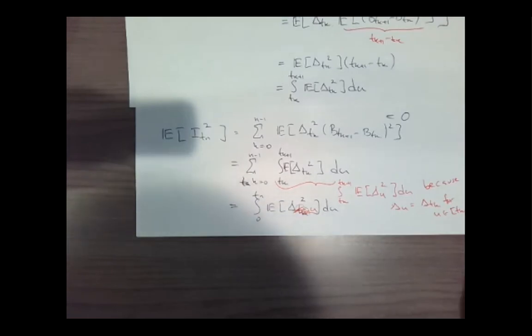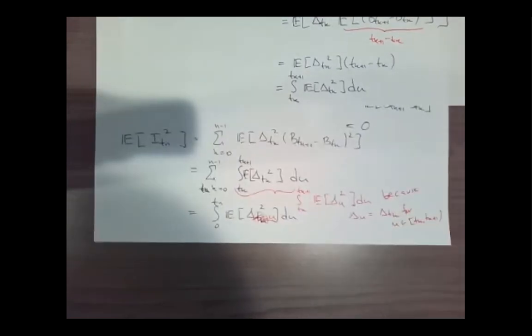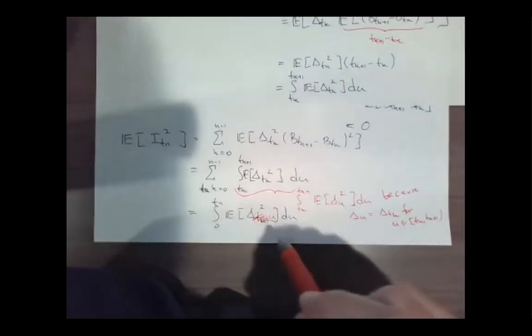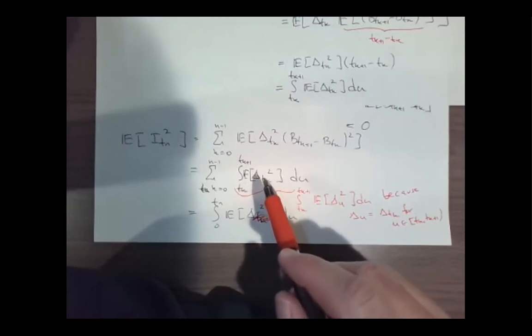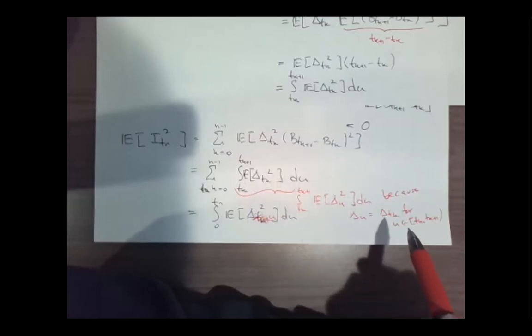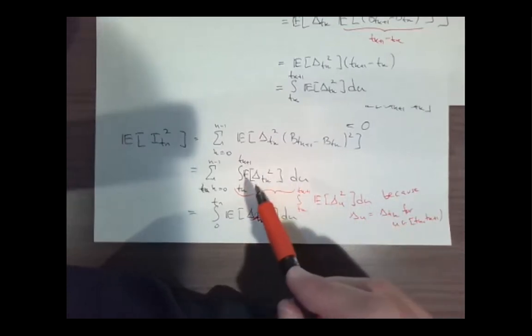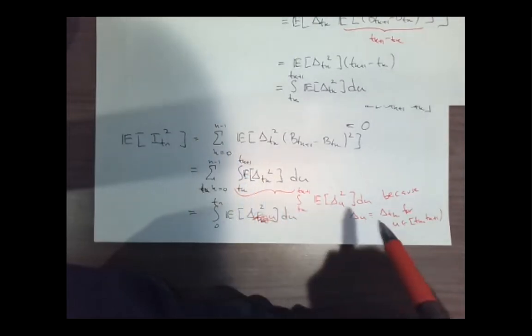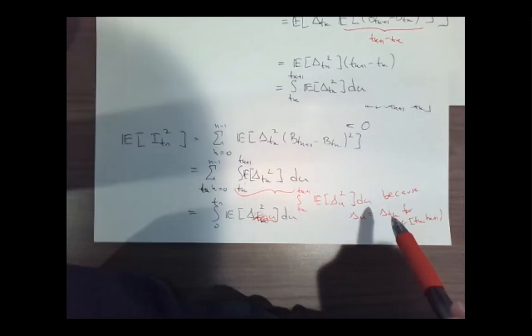I have a quick question. This k, even though it's changing, delta u squared, delta u is still equal to delta tk, even as k changes? No, on this interval here from tk to tk plus 1, delta u is equal to the left endpoint.